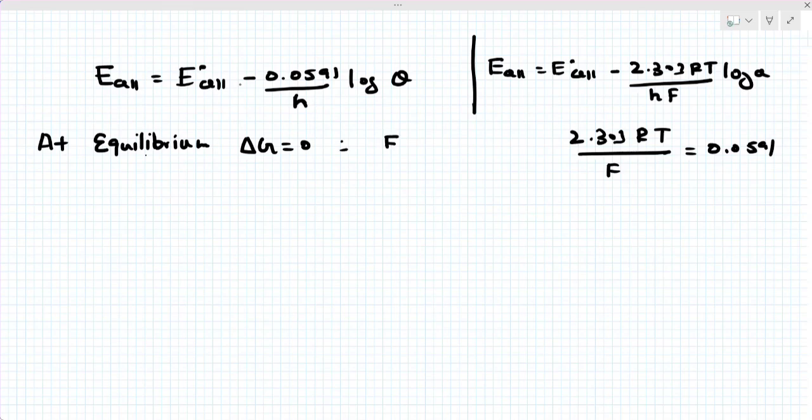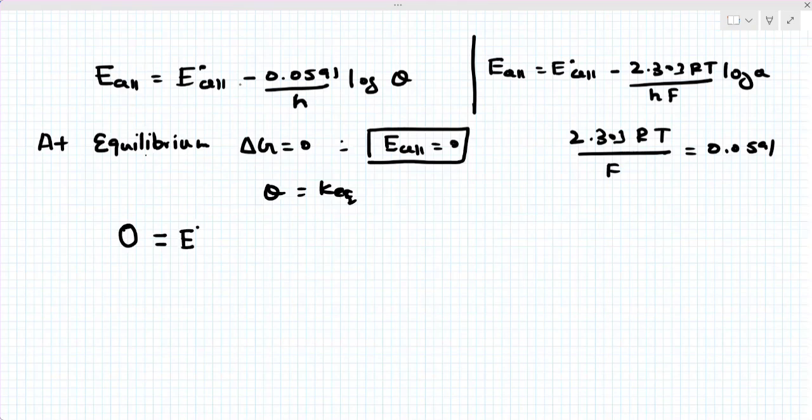It means the E cell value also becomes 0, and Q becomes K equilibrium. At the equilibrium condition, now apply the formula. Very simple. Now E cell is equal to 0, so E naught cell minus 0.0591 by n into log K equilibrium, right?